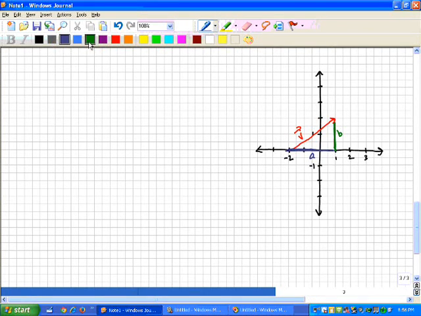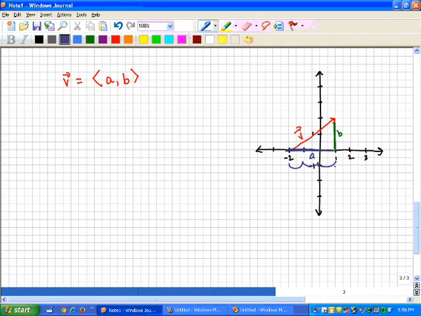In this case, we're going to introduce a new notation and say the vector V can also be denoted as, for vectors, we're going to use this bracket that looks kind of like a less than sign, the horizontal component, then the vertical component, and close the bracket that looks like a greater than sign. If we count the units for A, we go from -2 to -1 to 0 to 1.